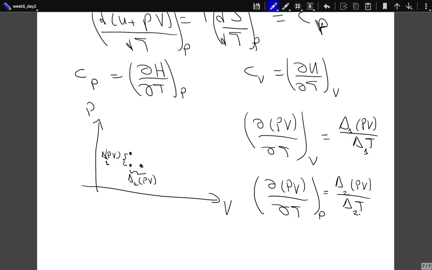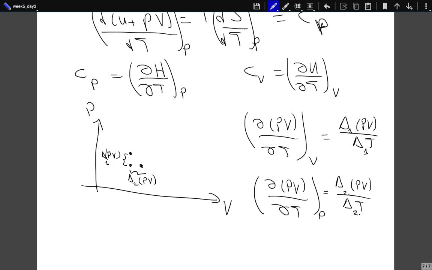Those two derivatives are essentially completely different things. In one of them, I'm looking at the difference between two states that correspond to the same volume. In the other, I'm looking at two states that correspond to the same pressure.